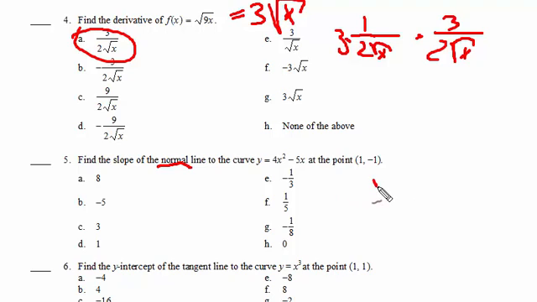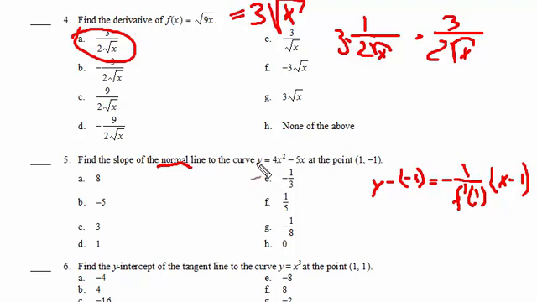So y minus the y coordinate of the point equals negative 1 over f prime of the x coordinate of the point, so that's f prime of 1, times x minus the x coordinate of the point. So that would be it. The only thing that we're missing here is f prime of 1.